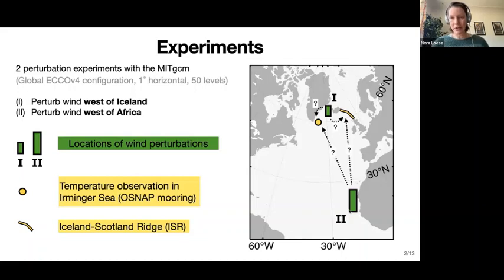In both experiments, we'll be interested in how the North Atlantic circulation and temperature react to these wind perturbations. In particular, we'll be interested in how two things are impacted. First, subsurface temperature here in the Irminger Sea at one of the OSNAP moorings, shown by this yellow dot. And second, heat transport across the Iceland-Scotland ridge, shown by this yellow line.